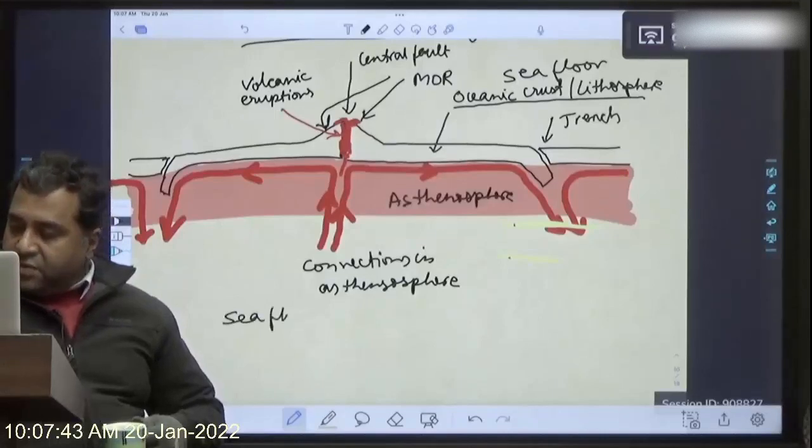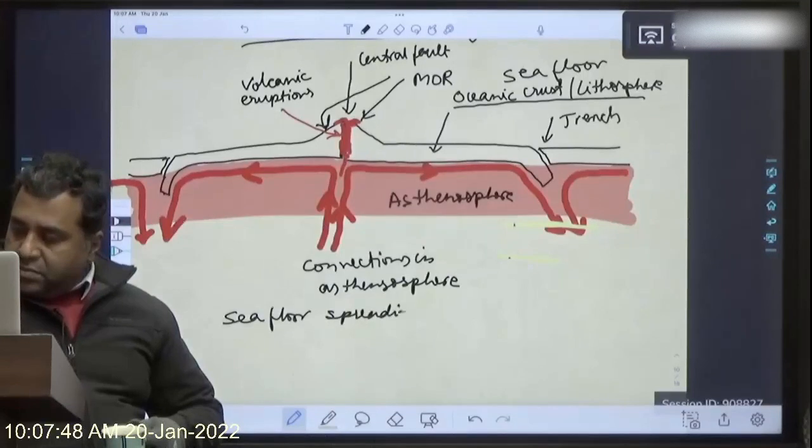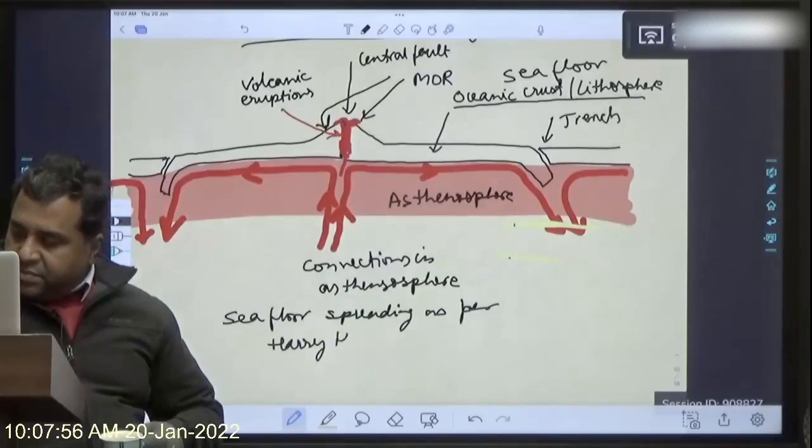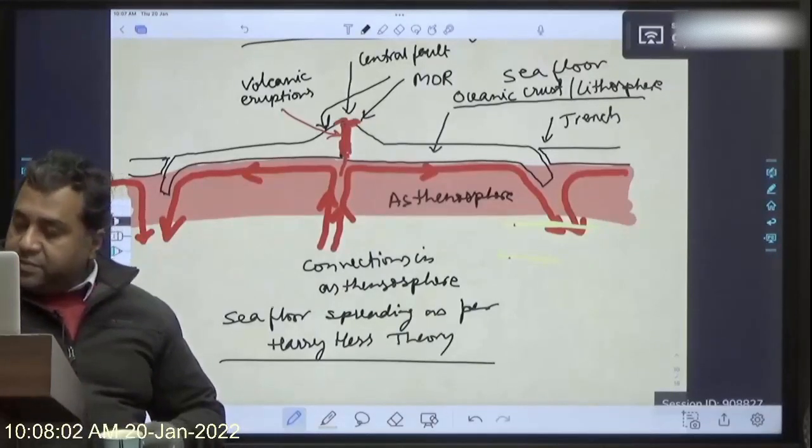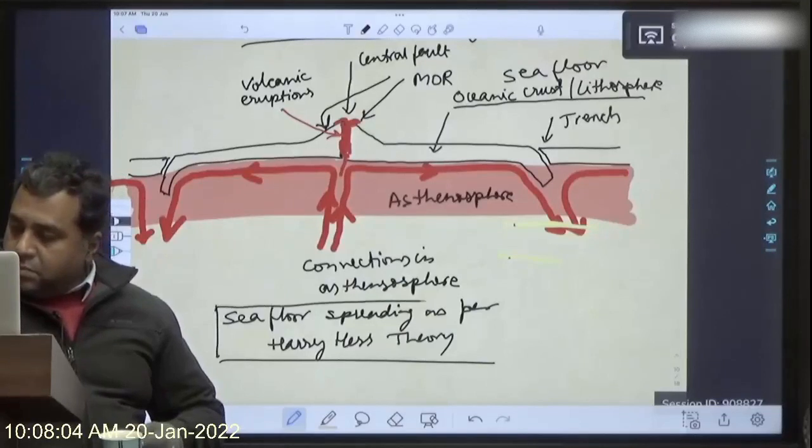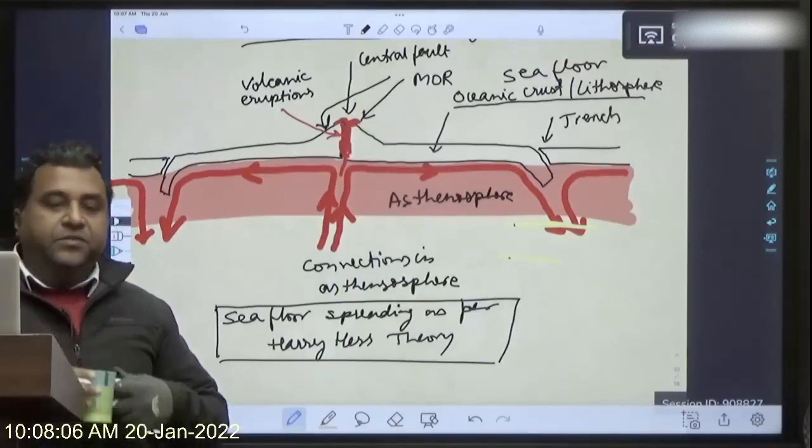Sea floor spreading as per Harry Hess theory. This is sea floor spreading as per Harry Hess theory.